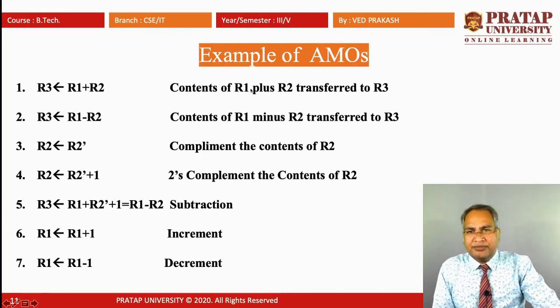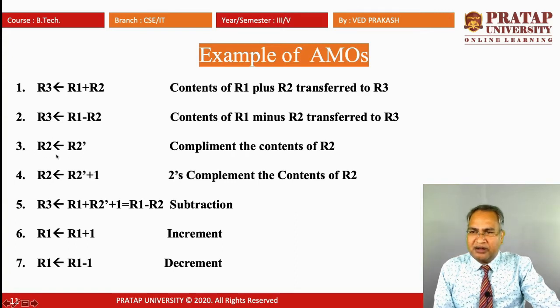Here are some examples of arithmetic micro-operations. The first statement denotes that the content of register R1 plus R2 is transferred into register R3. In the second statement, we observe that the content of register R1 minus R2 is transferred into register R3.